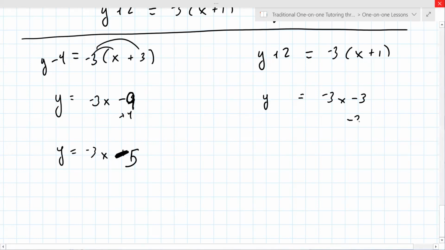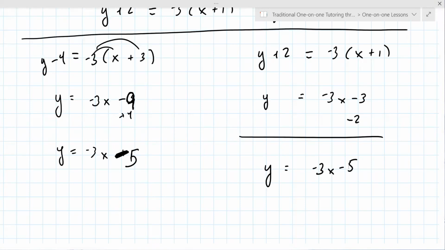And then here, when you subtract 2, you get y equals minus 3x minus 5. Huh. I don't know where I went wrong with this. I think. Oh, you multiply it. I somehow like added it in a way. Here, wait. I want to do this again with like a different thing.